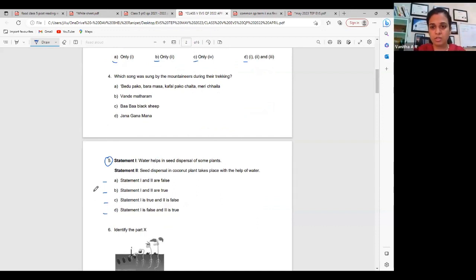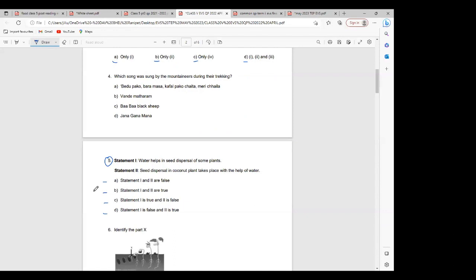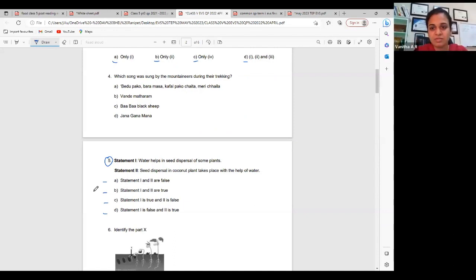Statement 1 and 2 are false. Statement 1 and 2 are true. Statement 1 is true and 2 is false. Statement 1 is false and 2 is true. Which is the correct answer, teachers? Option B. Definitely option B, because both are true statements.